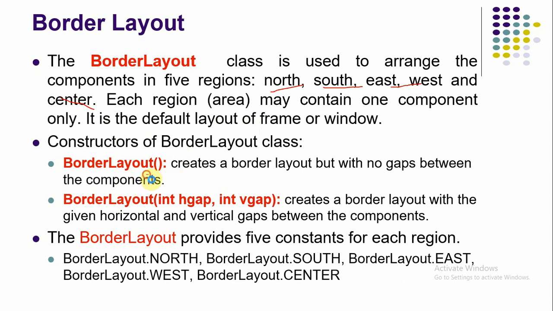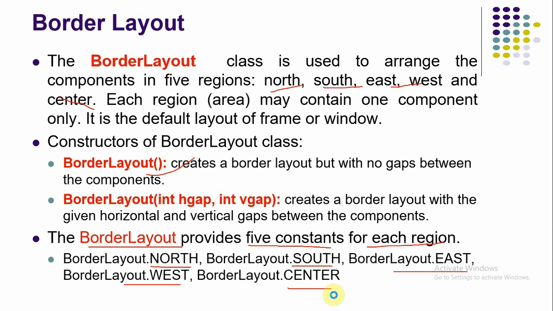We can use the border layout constructor for creating a border layout, and this provides 5 constants, one for each region: BorderLayout.NORTH, BorderLayout.SOUTH, BorderLayout.EAST, BorderLayout.WEST, BorderLayout.CENTER. If you want to keep any component in the north side, we have to use BorderLayout.NORTH.